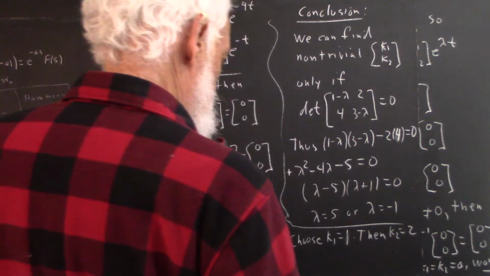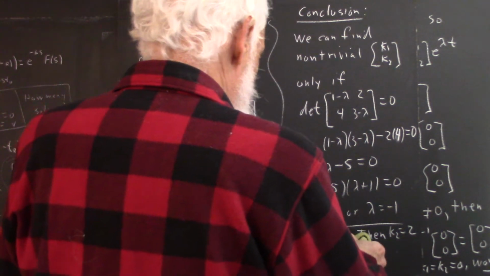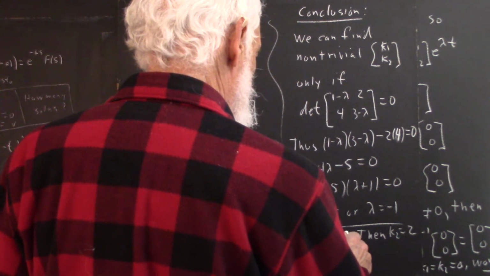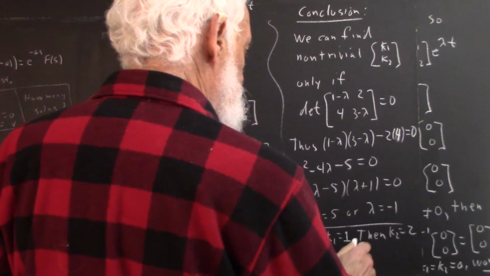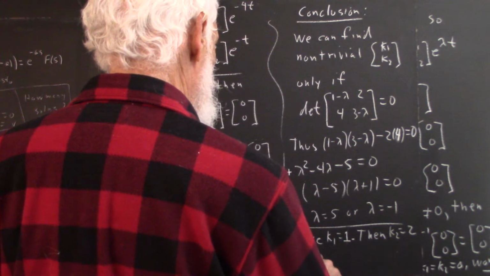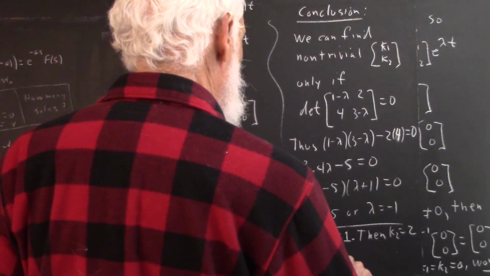It's a grotesque looking one, so let's fix it. If k1 equals 1, then k2 equals 2, and k1, k2 equals 1, 2.